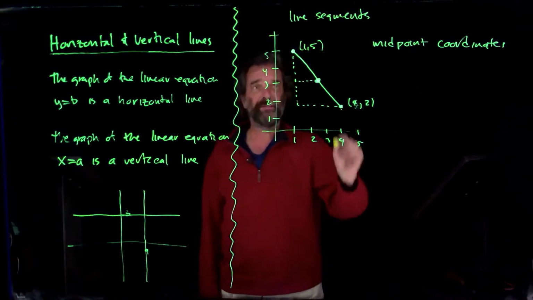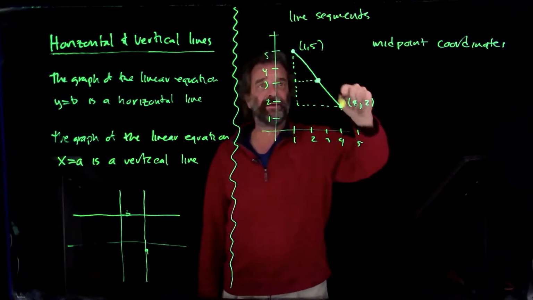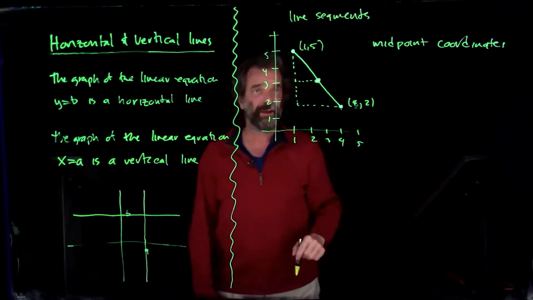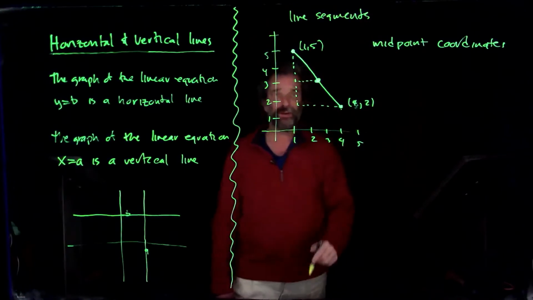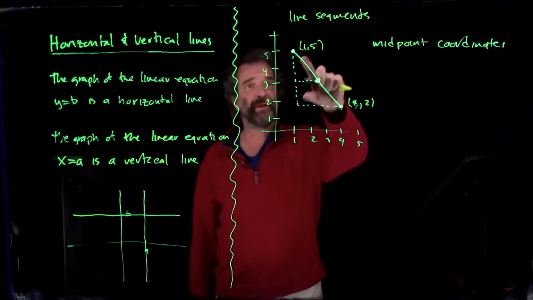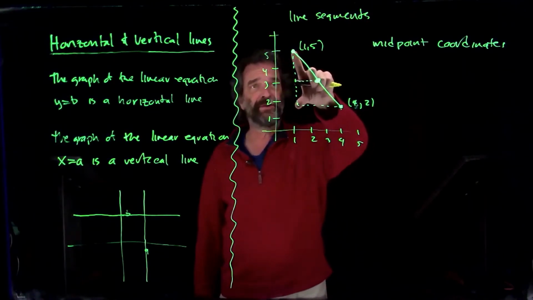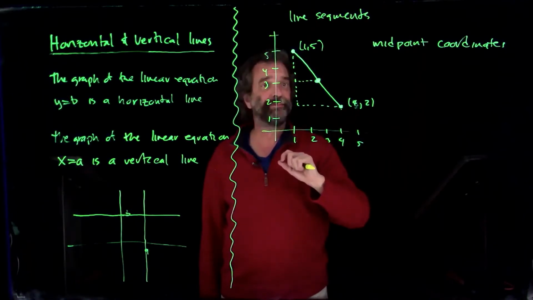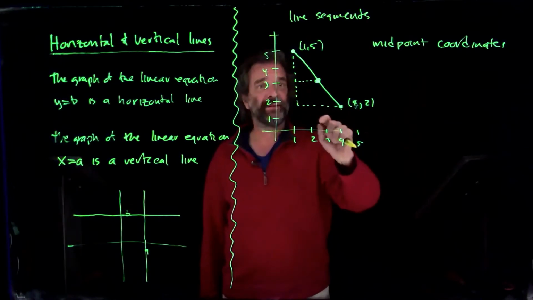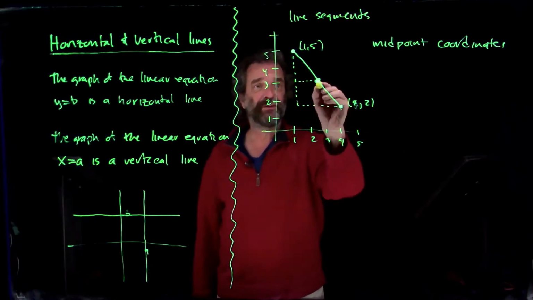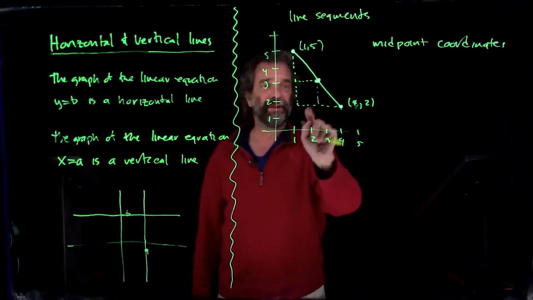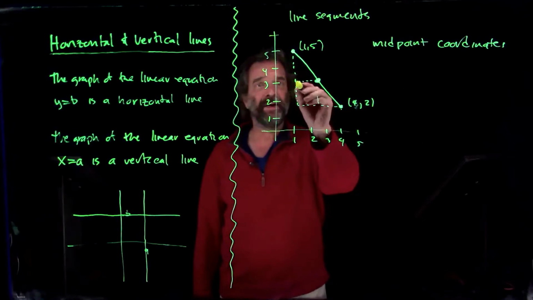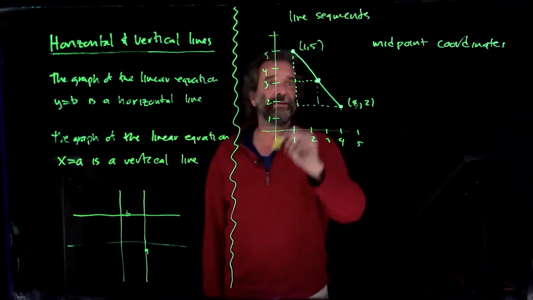And you say, well, this whole length here is to that short length as any whole length there is to the short length. And that would say that, for example, for the total change in y values, to get to the midpoint you only have to go half as much. And for the total change in x values, to get to the midpoint you only have to go half as far. Or another way to say that is that the y value is halfway between the y values.